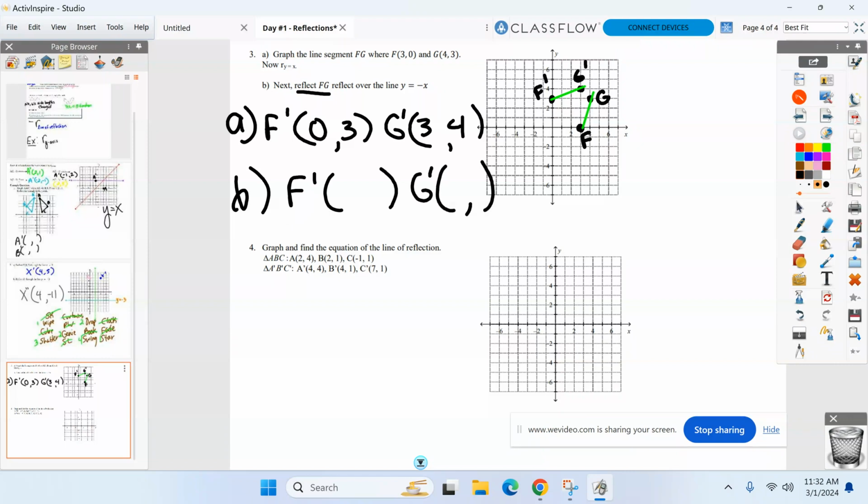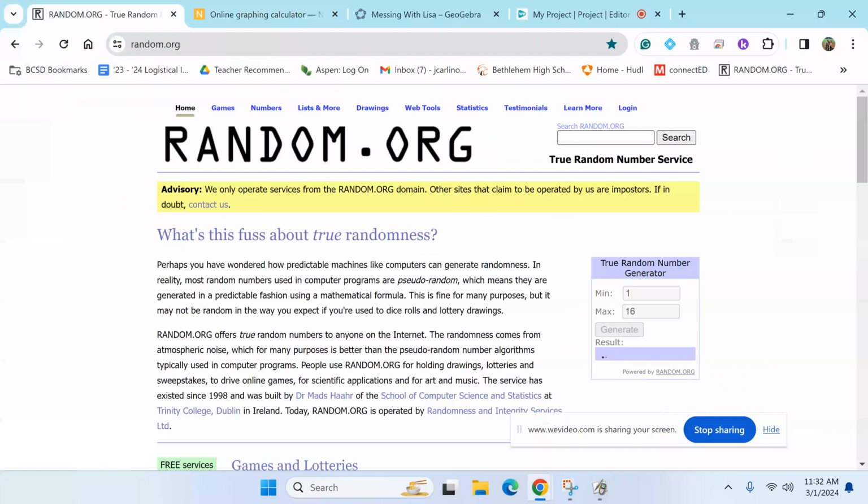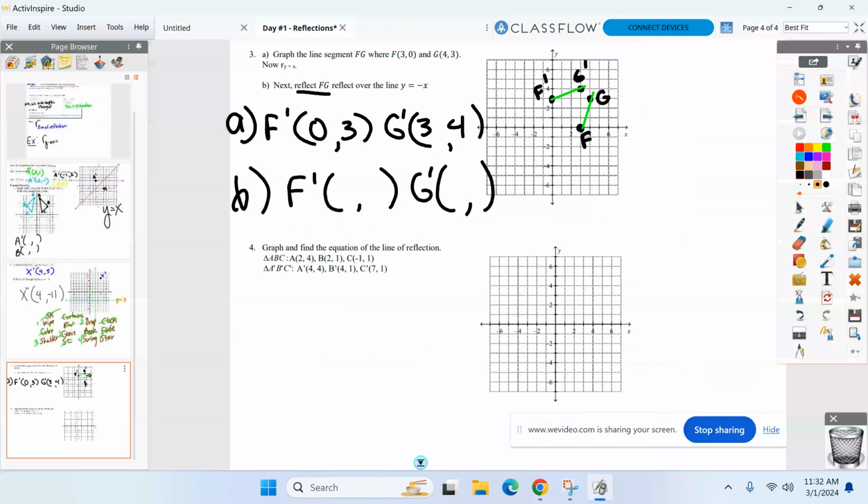So what would be my new coordinates after taking points F and G and flipping and changing the signs now? Thomas, what are my new F prime coordinates? 0, -3. And G prime? -3, -4. Yep.